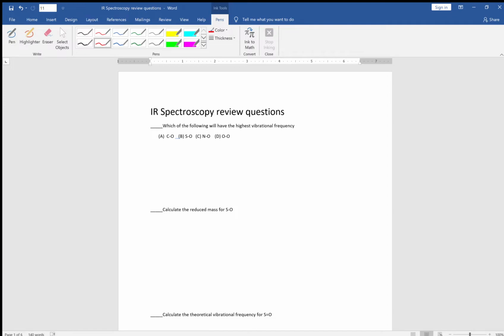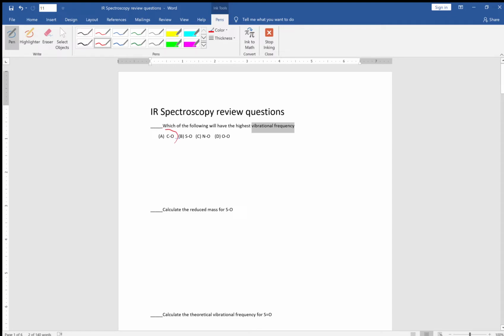If you remember, the vibrational frequency of an IR stretch is directly proportional to the bond constant and inversely proportional to the reduced mass. So in order to see which of these will have the highest vibrational frequency, it will be based on which has the lowest mass.